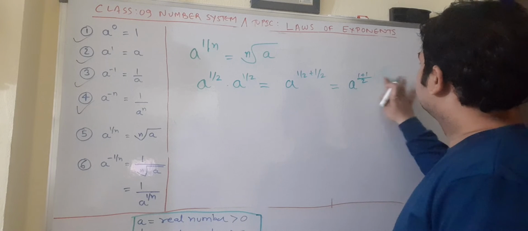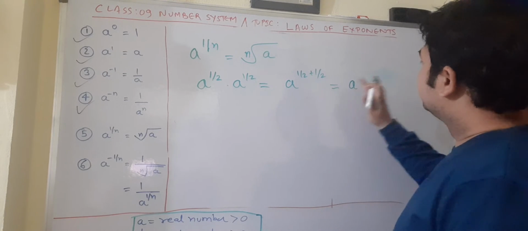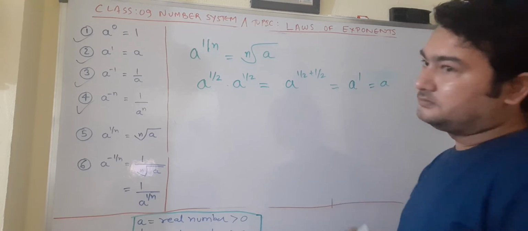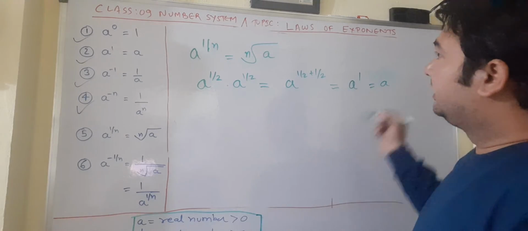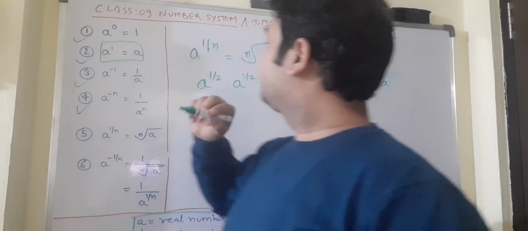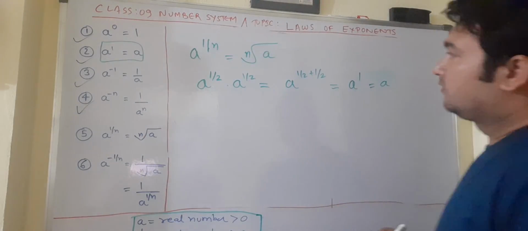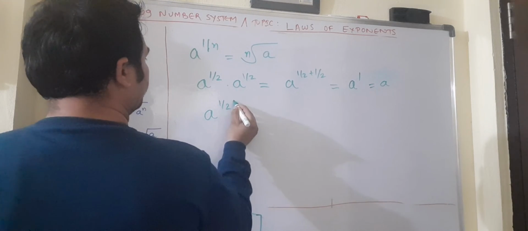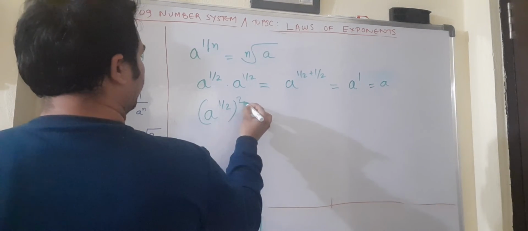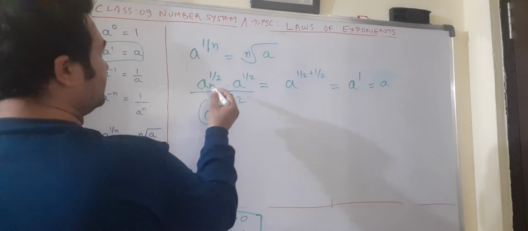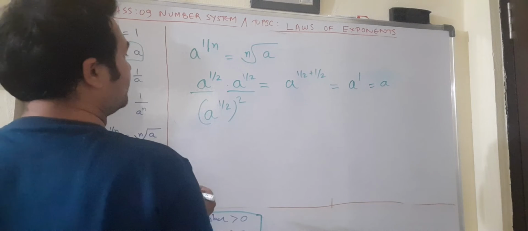So this is a to the power 1, or you can say it is a. A to the power 1 is a. So since we have a raised to the power 1 by 2 squared, why squared? Because it is repeating itself. A to the power 1 by 2 into a to the power 1 by 2.